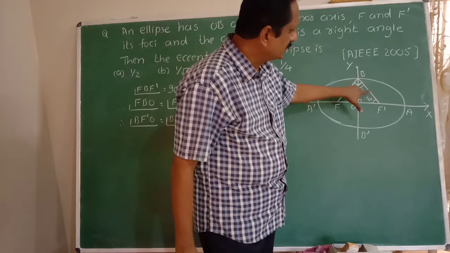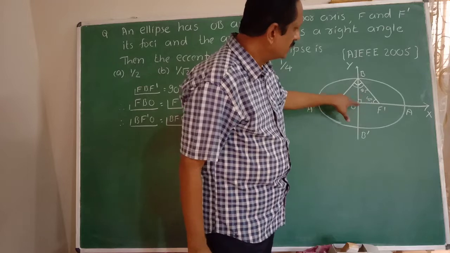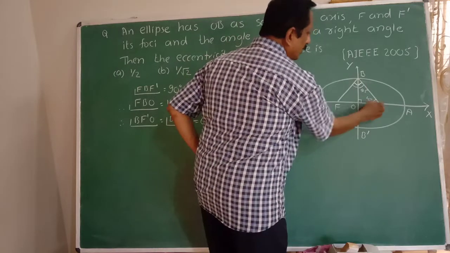If these two angles are equal, then the sides are equal, meaning OB is equal to OF dash.